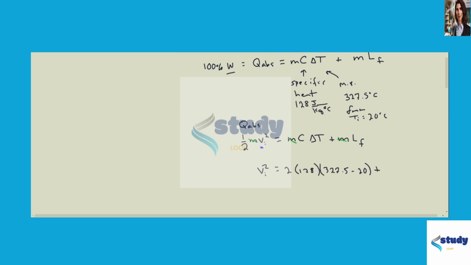Then the latent heat of fusion, and there's a 2 in front of that as well. And that would be units of joules per kilogram or meters per second squared. Yeah, that's a good set of units.